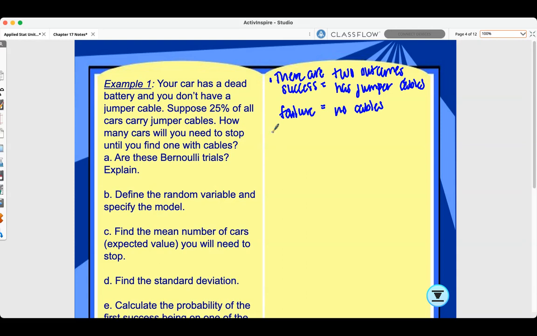The probability of success is P equals 0.25 for each car stopped. Our trials are independent. One car having cables should not affect the chances the next car will have cables.